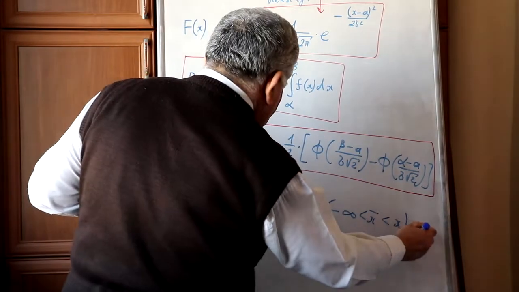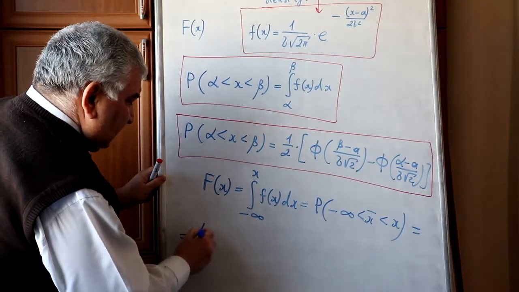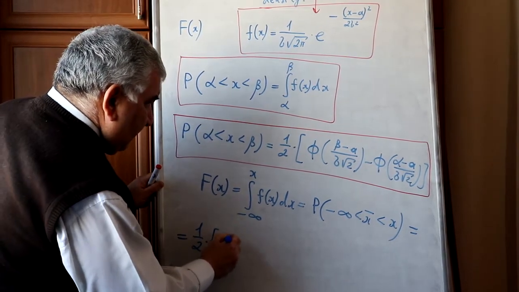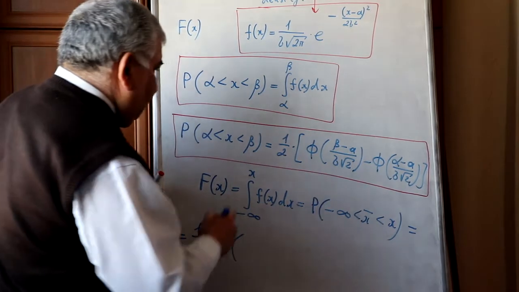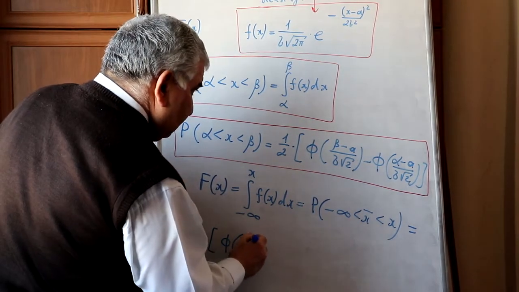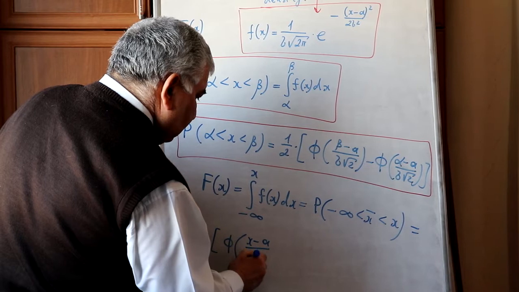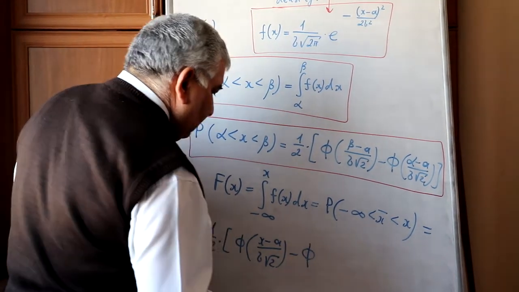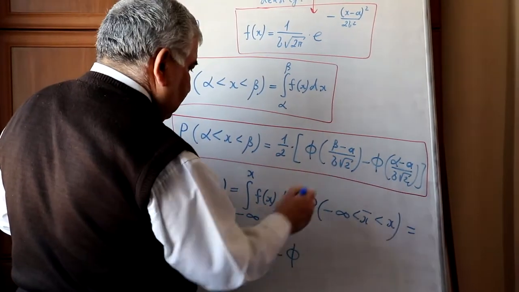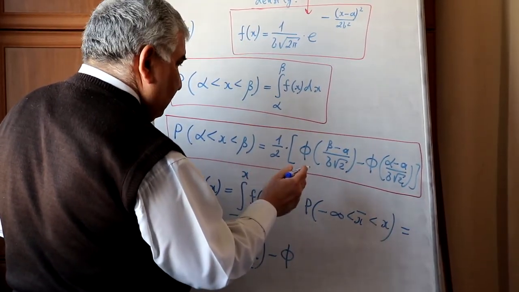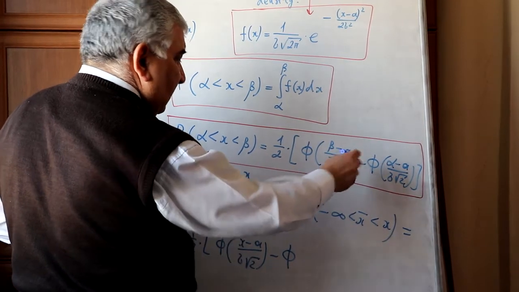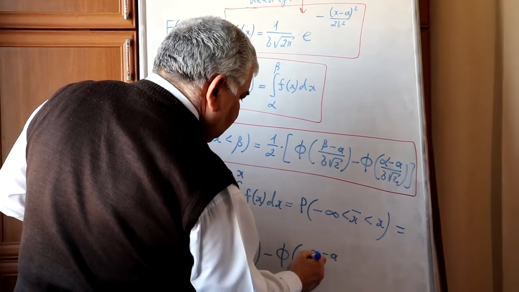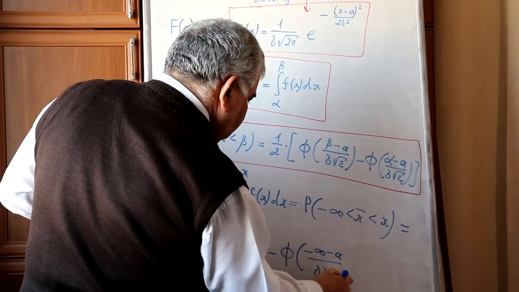Equals 1 second multiplied by phi of, here beta is x, minus a over sigma square root of 2, minus phi of, and substitute minus infinity instead of alpha, minus infinity minus a over sigma square root of 2.